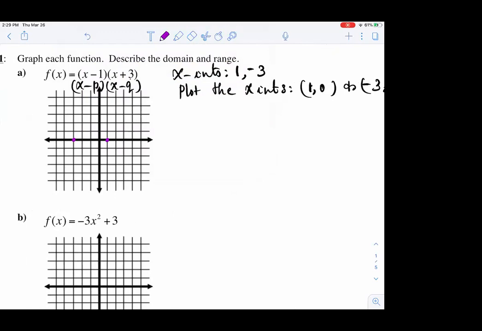Okay, did you plot the points? So those are the x-intercepts.